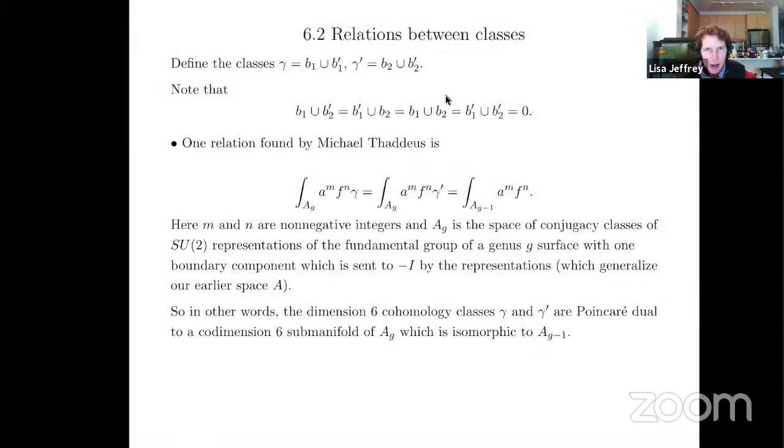So now specializing to the genus 2 case, we have 4 degree 3 generators, which are called B1, B2, B1 prime, B2 prime. And I will construct degree 6 classes gamma, which are just products of these two classes.